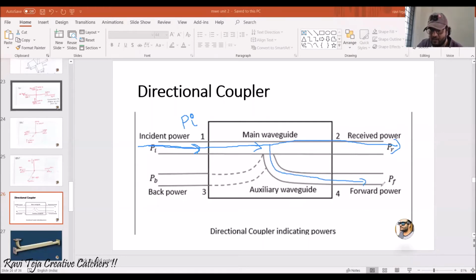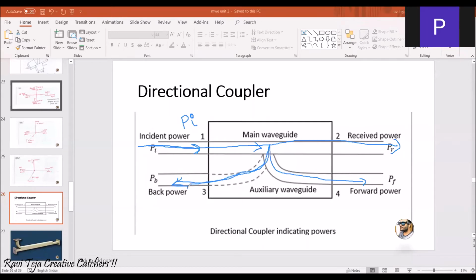If there are any reflections in the microwave signal, that signal will be reflected back to port 3. Always remember, if there are reflections, that will be sent through port 3.